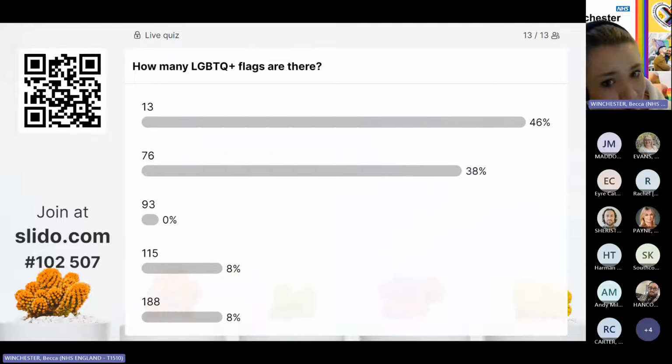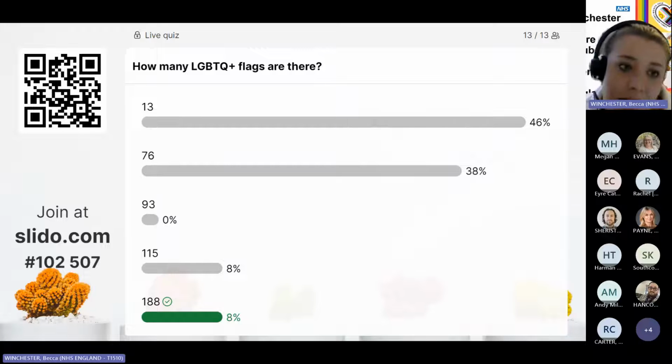The majority of you went with 13. However, I can confirm there are in fact 188 LGBTQIA plus flags. There's a really helpful document on this from, I want to say, the Leicester Fire Service, but I can dig that out again and circulate that with these slides.